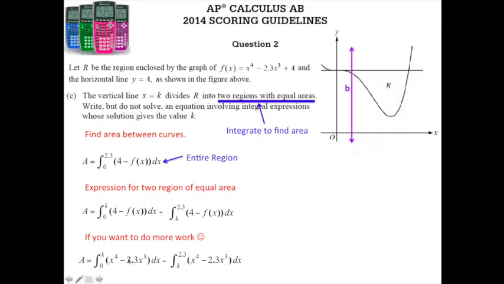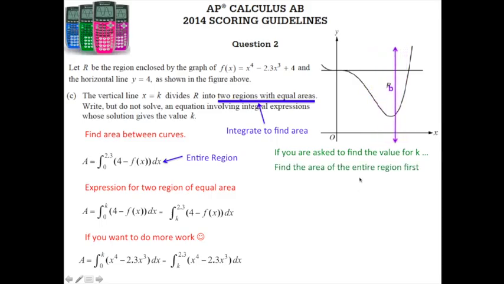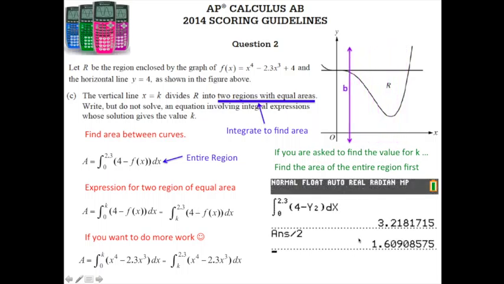What would be nice to know, though, if we want to find K, is the area for the entire region first. So actually throw this into your graphing calculator. So that's what I've done here. So the entire region is 3.218 square units. And we know that if we divide each side into equal parts, then each side has to have half that.